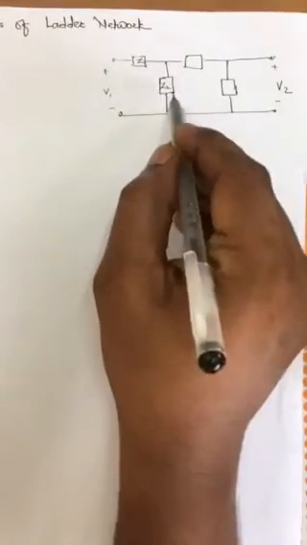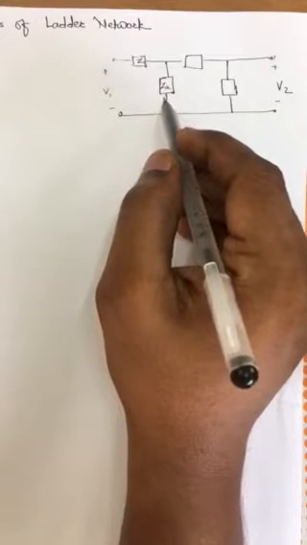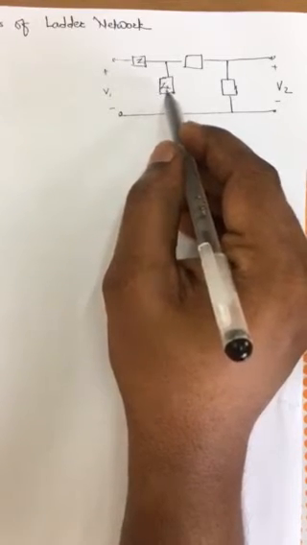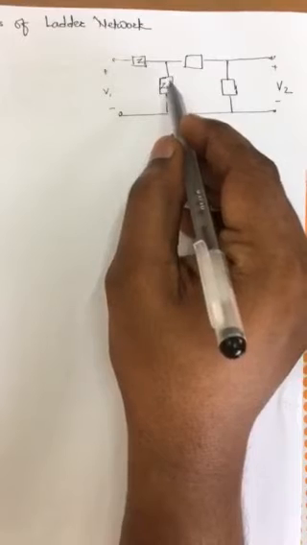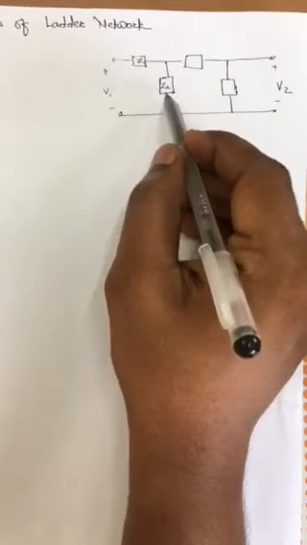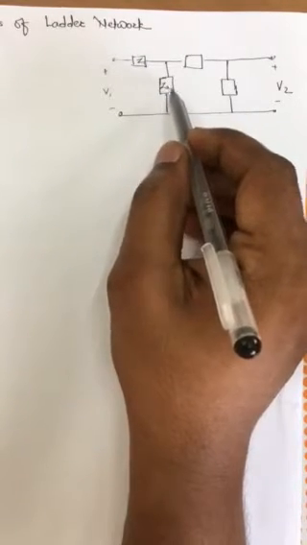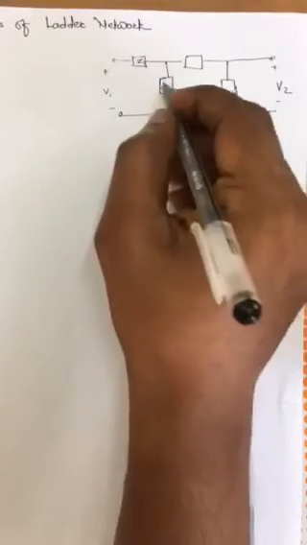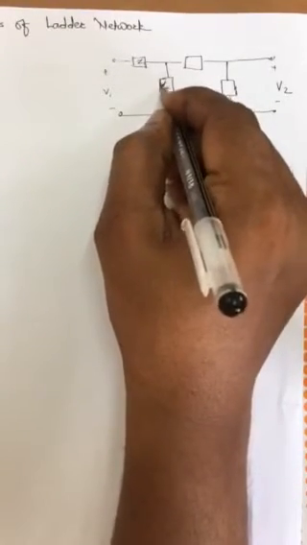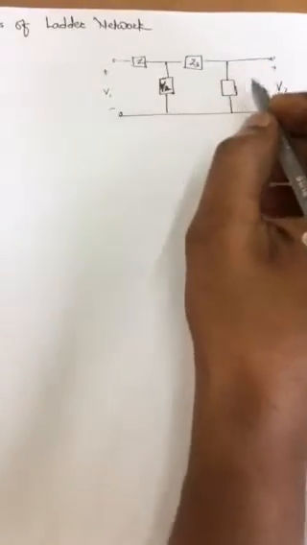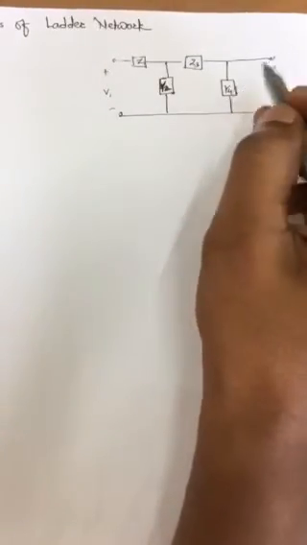You can take Y2 here, as in Ravi Singh's book. They have taken admittance, the inverse of Z2, so 1 by Z2 is Y2. Either you can write Z2 or 1 by Z2, or Y2. We will go as per the book, so I will write Y2 here, then Z3, Y4.